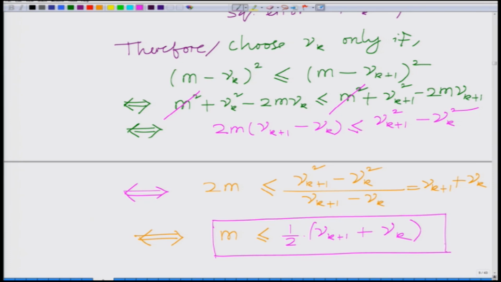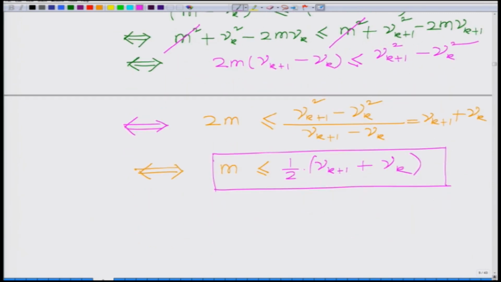And remember, this is choose nu k. So, choose nu k if m is less than or equal to half of nu k plus 1 plus nu k.